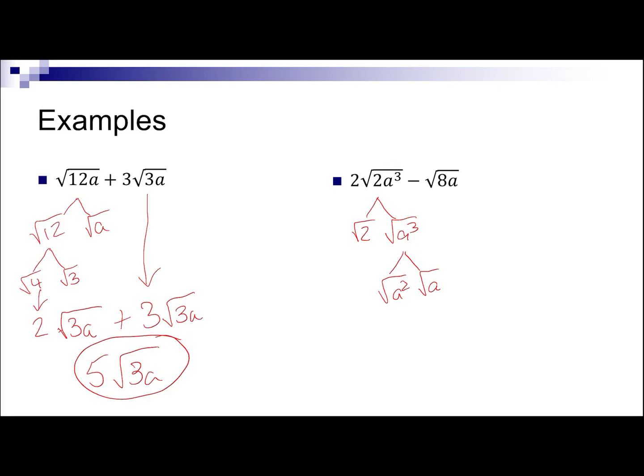If it has an odd power, we're going to split it up into the variable itself and one less than the original exponent. That's why I have a squared and a. Radical a squared comes out as a. I'm going to combine the radical 2 and the radical a into one radical. So that gives me a radical 2a.